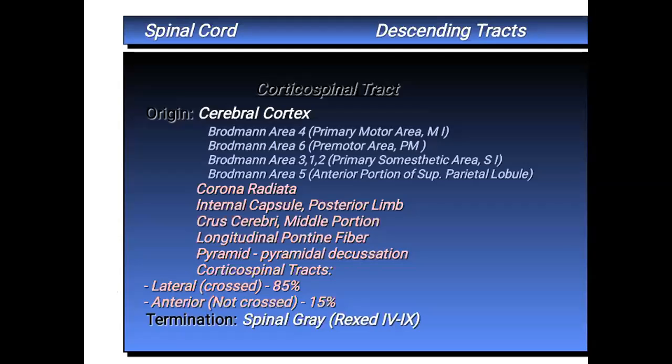So you can see here, whatever I told, the pathway of the corticospinal tract. It arises from the cerebral cortex. It forms the corona radiata. It enters the internal capsule. From the internal capsule, it enters the midbrain.